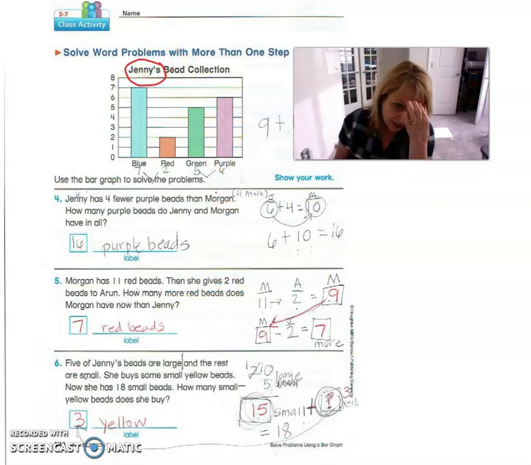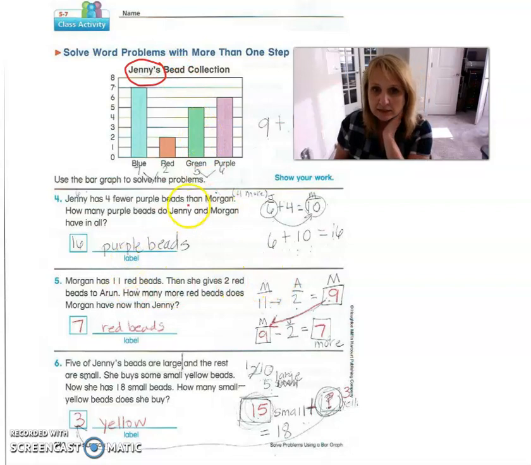So we know that Jenny has 2 red beads, right? Okay, so Morgan has 11. We wrote 11 and we put an M over it for Morgan. She gives 2 to Aaron. So that means that she has 9 left.